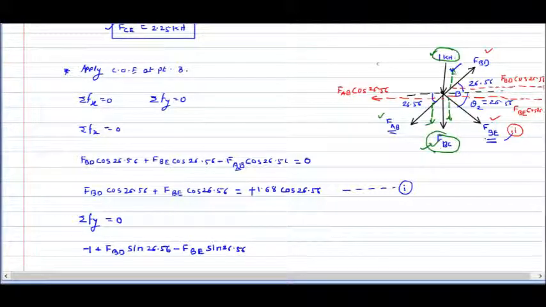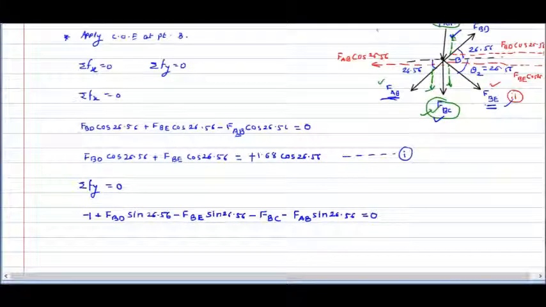Then force in member BC, that is minus force in member BC. Then the y component of AB, minus force in member AB sine of 26.56, and as per the condition of equilibrium it has to be equal to 0.